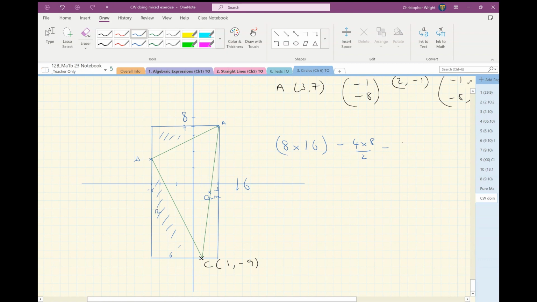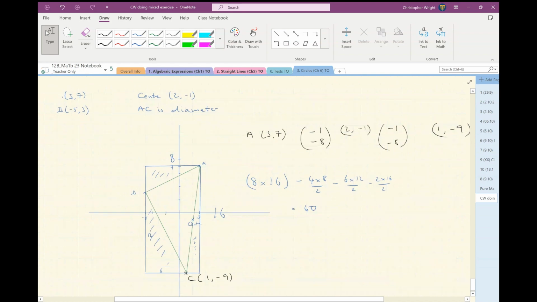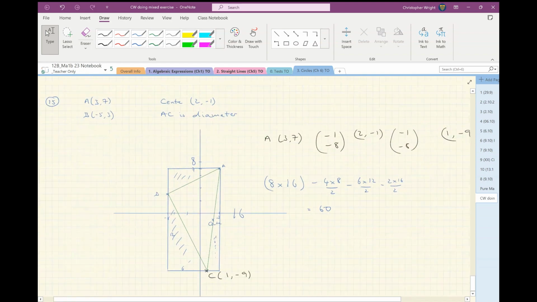Which is 6 times 12 over 2. And I'm also going to subtract the area of this triangle here, which is 2 times 16 over 2. So all I'm going to do is put that little lot in my calculator, and I get the answer 60. And that is the area of triangle ABC.